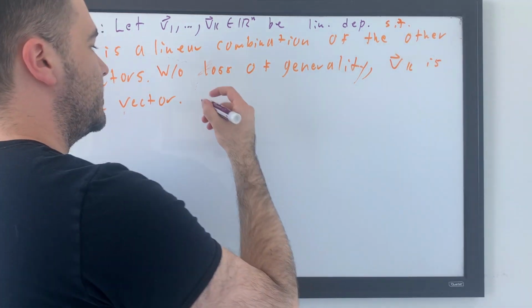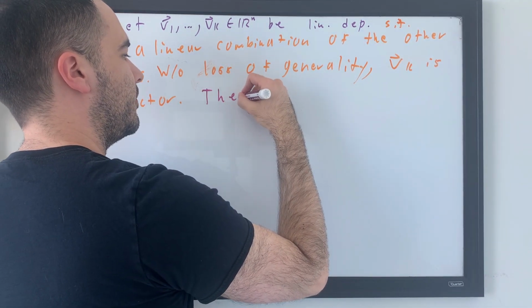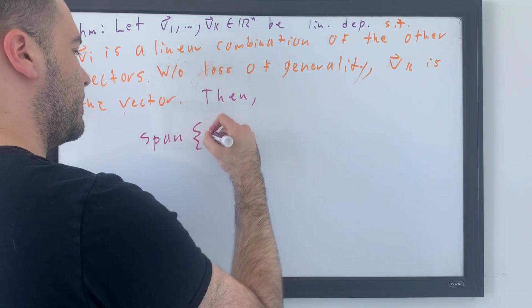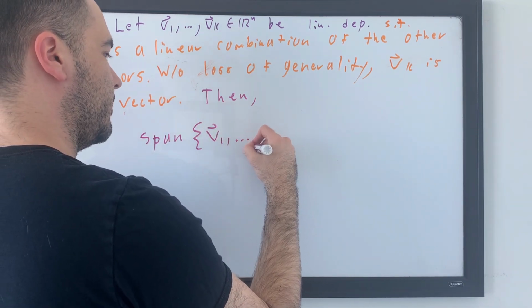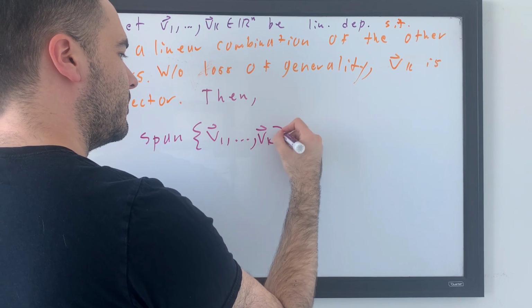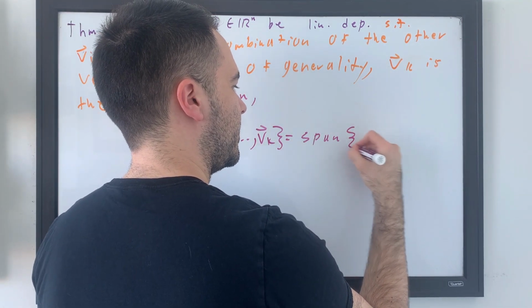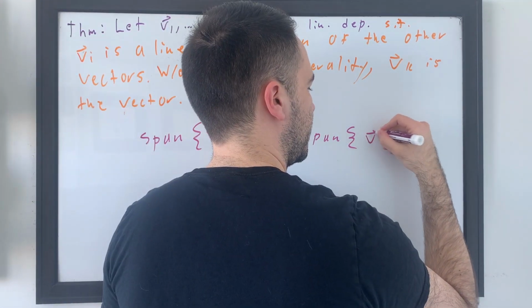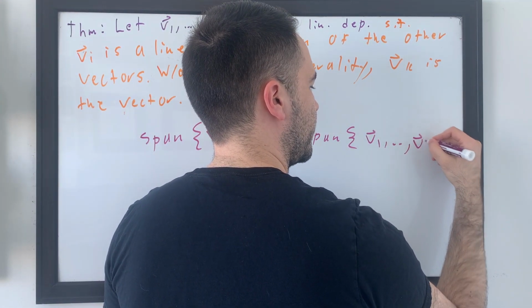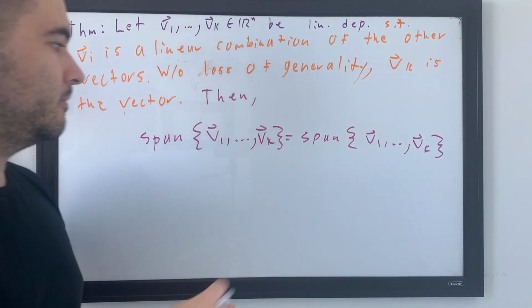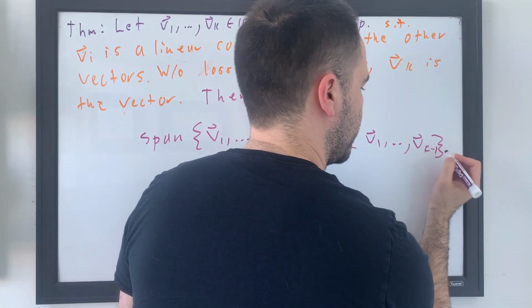This then implies the span of all of the vectors is the same thing as the span of everything without vk in it. Oh, vk minus 1.